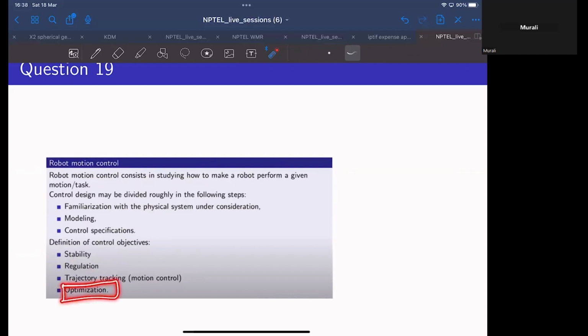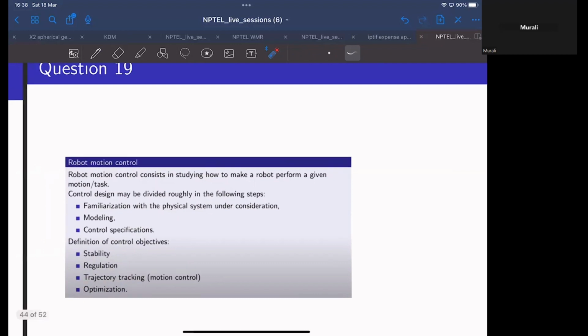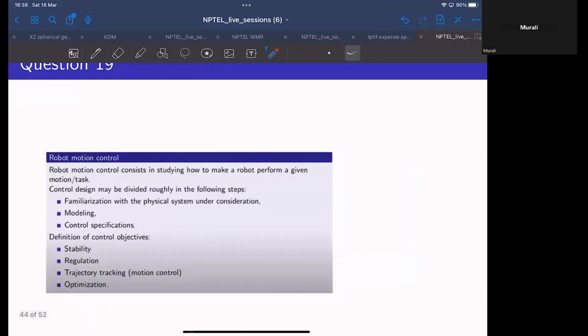And optimization: it could mean tuning also, like what the ideal control tuning parameters could be so that the robot would most efficiently and optimally converge to the desired solution. So our control objectives are stability, regulation, trajectory tracking, and optimization.